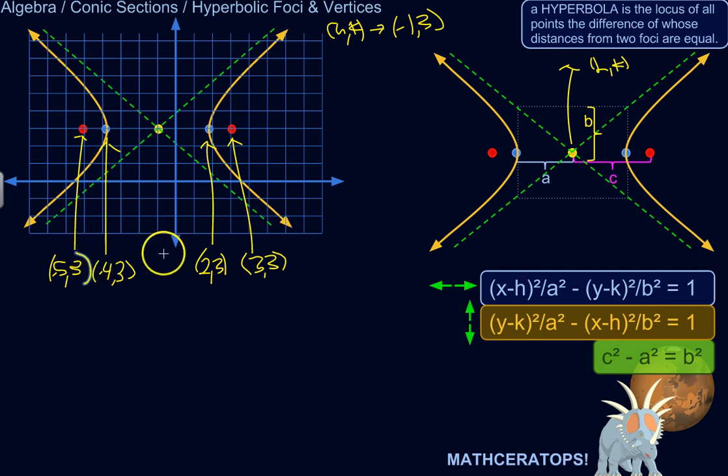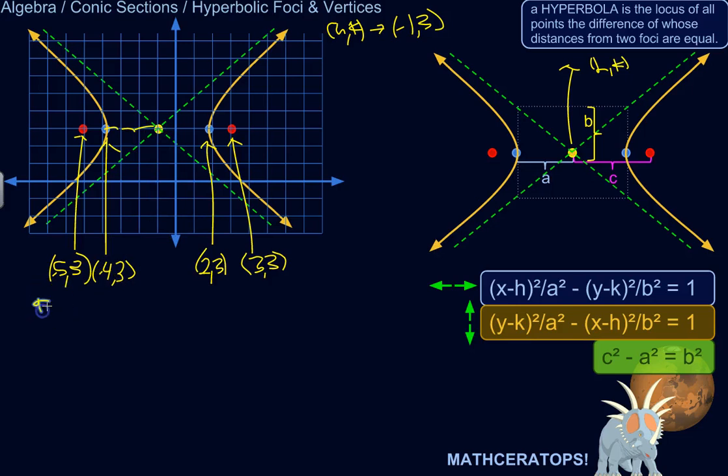All right, so we need a and b, but we can figure out a and c pretty easily just from this information and calculate b from that. So what's a? What's the distance between the center and the vertex? It's this distance here. Well, if the center is at -1, 3, and the vertex is at -4, 3, then that distance is 3.